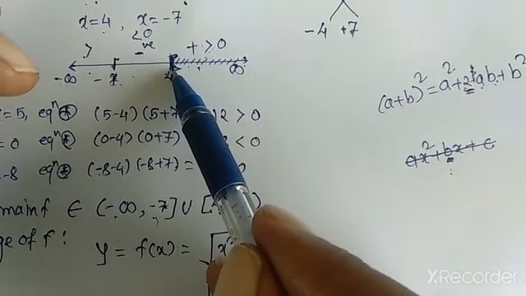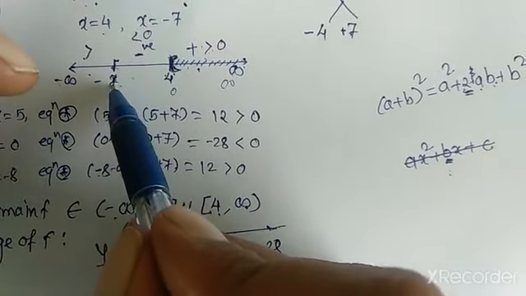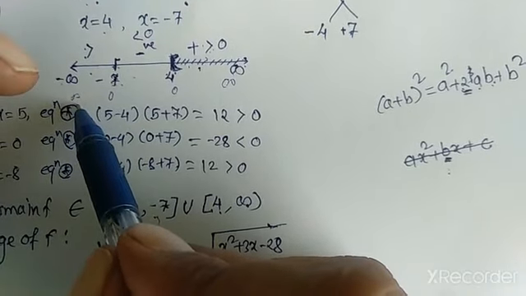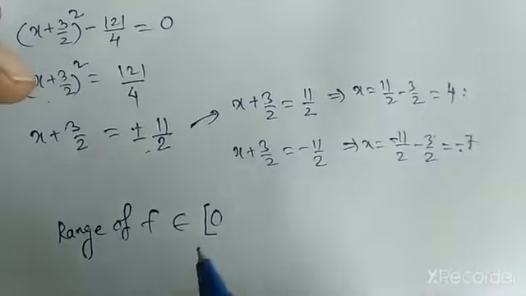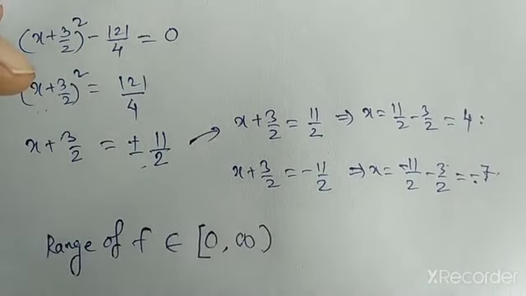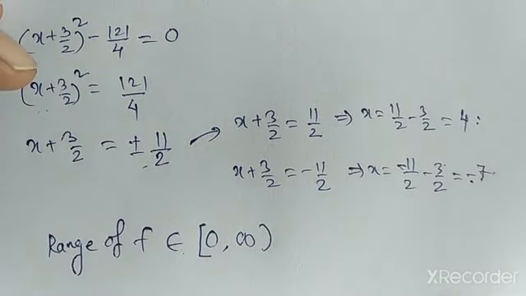So our interval range will be from 0 to infinity in both. Here it is 0 and greater than 0, which means it is going toward positive infinity only. So our range will be from 0 to infinity only. Okay, range of f belongs to 0 to infinity.